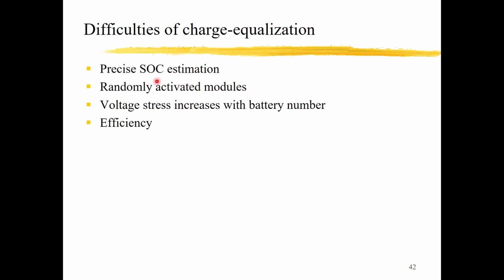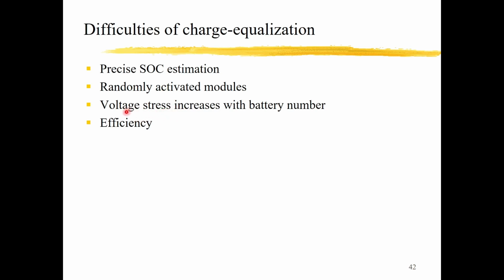This is the first difficulty, and the second is that we don't know the pattern of the distribution of SOC. So for our circuit, we have to repeat for every cell. So there are many circuits inside the charge equalization circuit. This is the second difficulty.